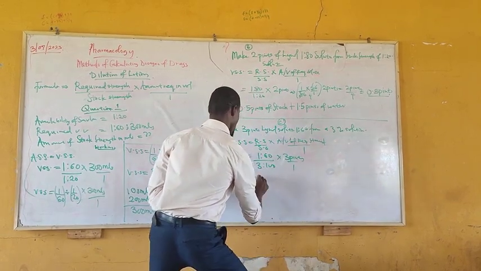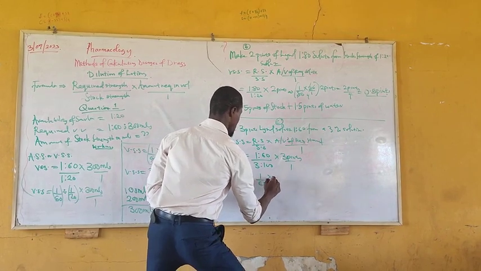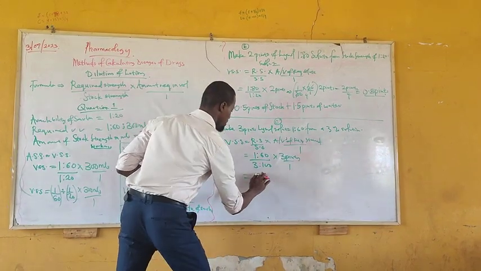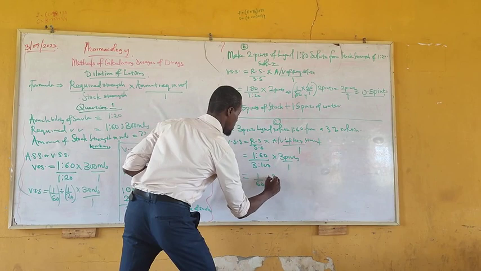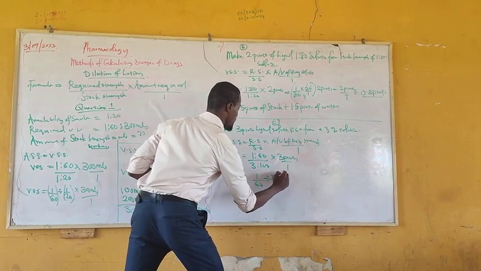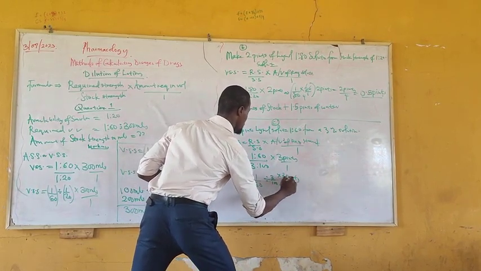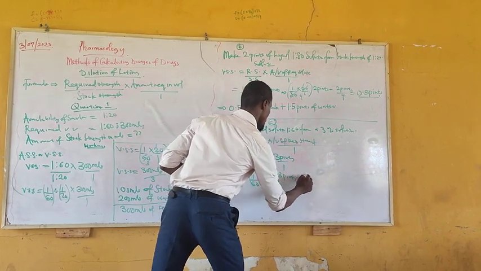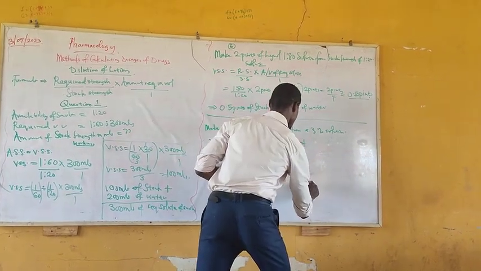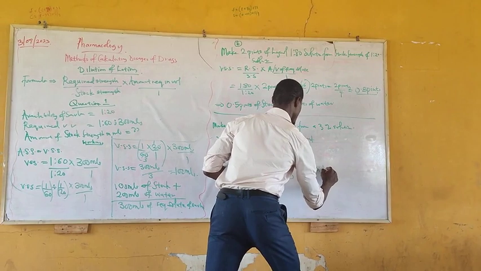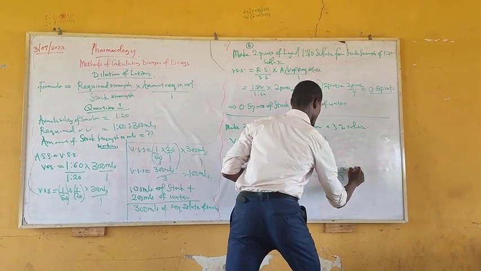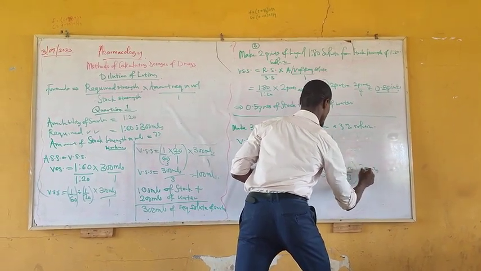So we have 1/60 times 100 divided by 3 over 100, times 3 pints of Lysol.